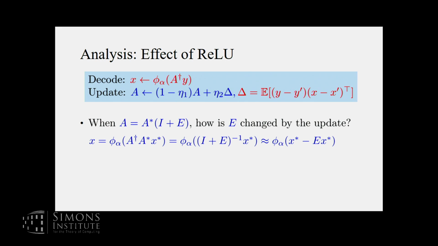Let's first look at the decoding. If we plug the expression of A into the decoding rule, then basically it's just this expression: you take the inverse of identity plus the error matrix, times x star. If we do a Taylor expansion, it looks like this.